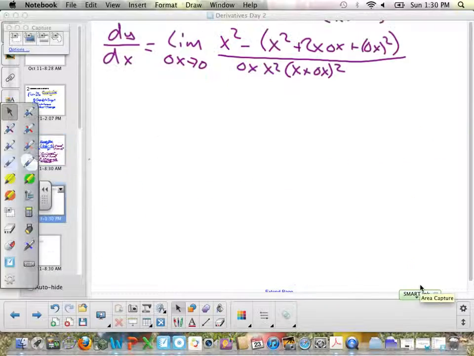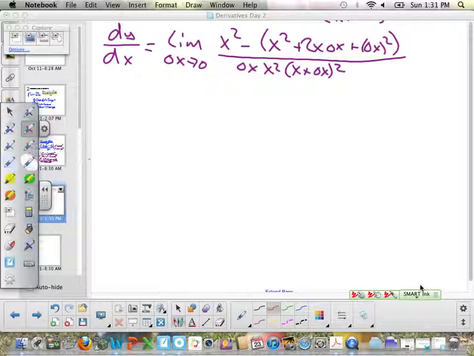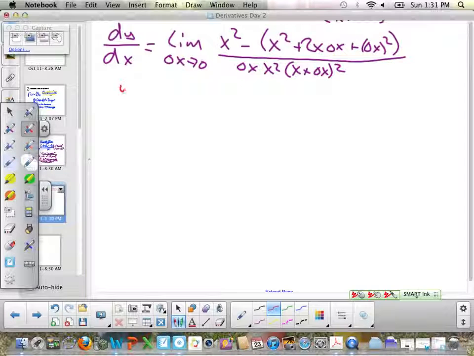Okay, as we continue. All right, now I'm going to distribute the negative sign in the numerator. This is still the limit as delta x approaches 0.